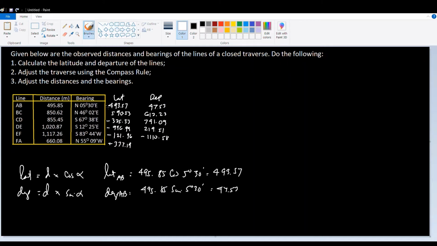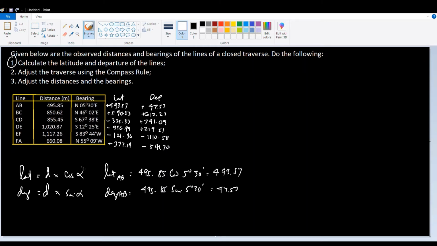You can indicate the sign, whether positive or negative. Then the departure of the last line is negative 541.70. All right, so we are done with the first part, that is, the latitude and departure of each line.